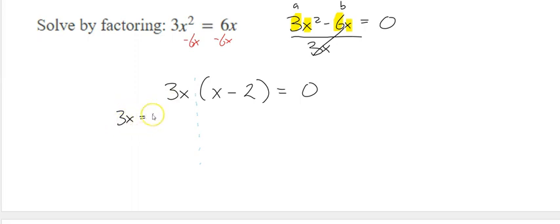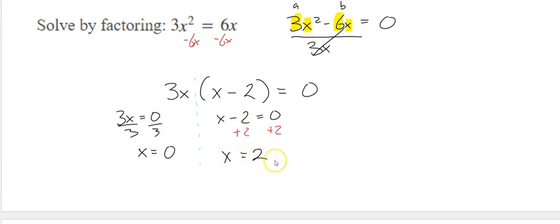So you have 3x equals 0 on one side, then x minus 2 equals 0 on the other side. If I divide by 3, I still get x equals 0 on one side. Over here, I will add 2 to both sides, and that will give me x equals 2. So in this scenario, x can either equal 0 or x can equal 2.